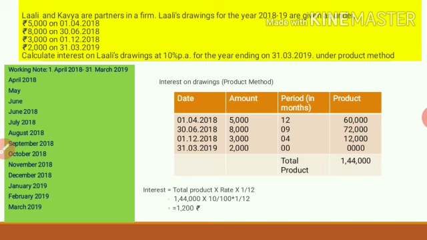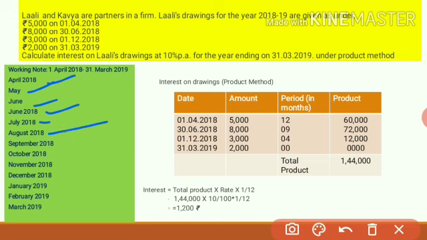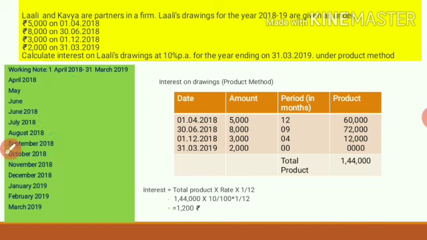Now the counting will begin from 1st April to 31st March 2019. So how many months? April, May, June, July, August, September, October, November, December, January, February and March. Total 12 months. So we have written 12. So 5,000 into 12 is nothing but 60,000.